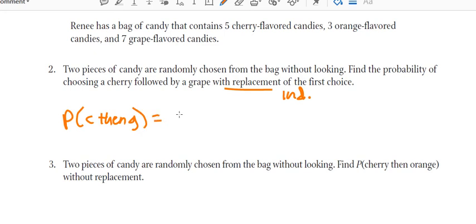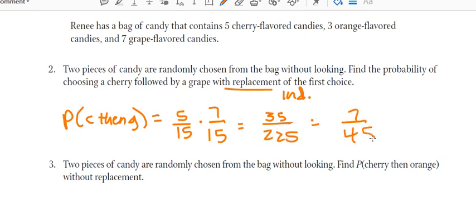So the probability of cherry is 5 out of 15. Then she puts it back, so the probability of grape then is going to be 7 out of, there's still 15 in there. So that's going to give you 35 over 225, which is the same as 7 over 45.